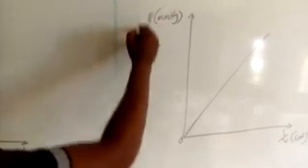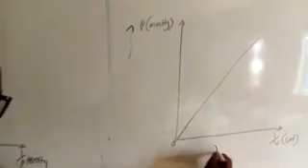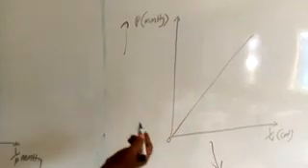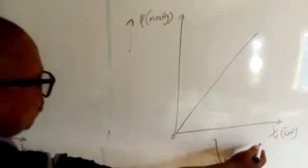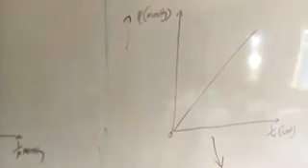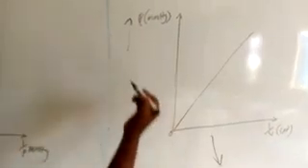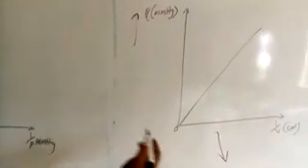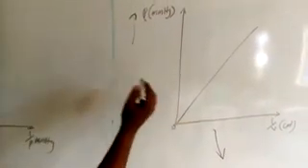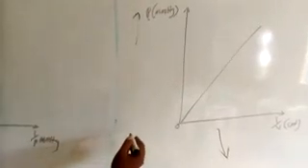This is increase in pressure, and this is decrease in volume. You must understand that there is a relationship between the pressure and the volume of the gas. When there is increase in pressure, there will be decrease in volume. And when there is increase in volume, there will be decrease in pressure.